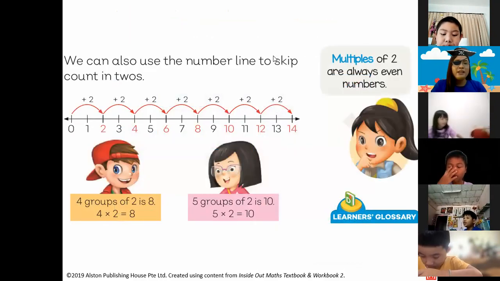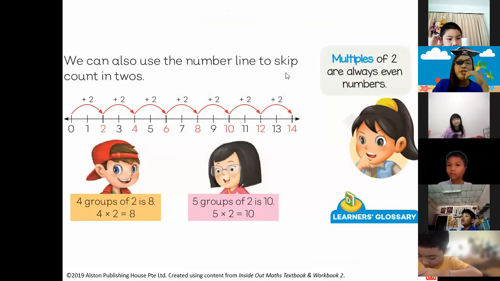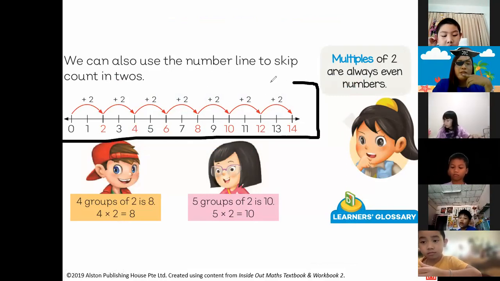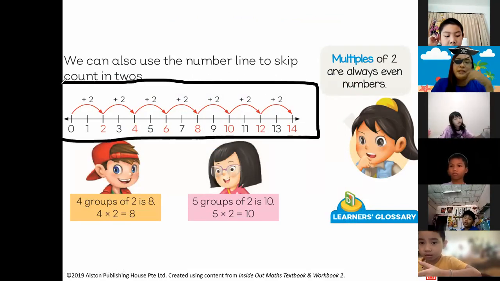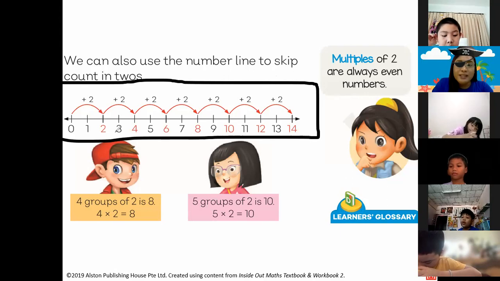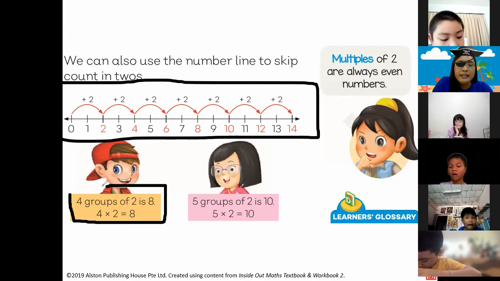Okay, on this page, let's try to use the number line, okay? So this is the number line. You can also try to use this one if you're having difficulty with the multiplication table. For example, 4 groups of 2 is 8.